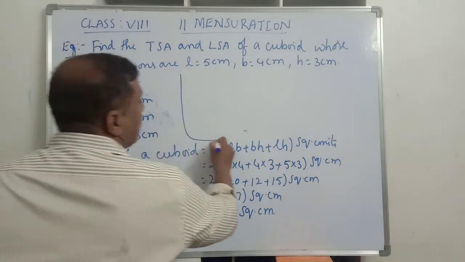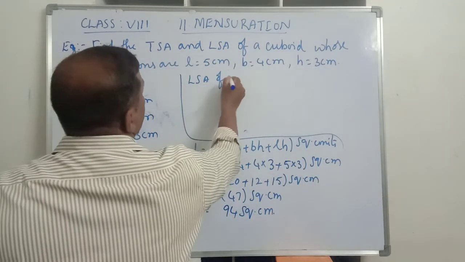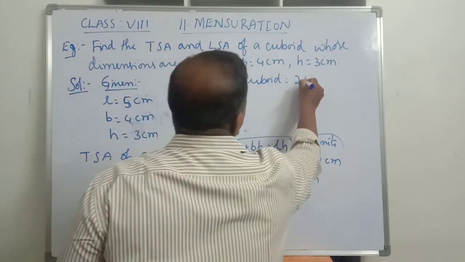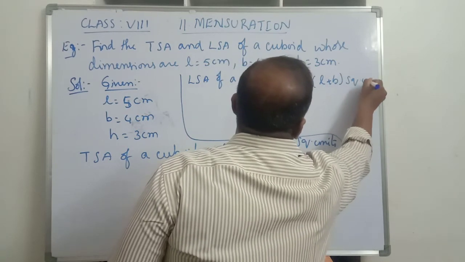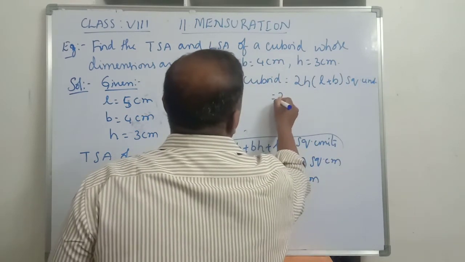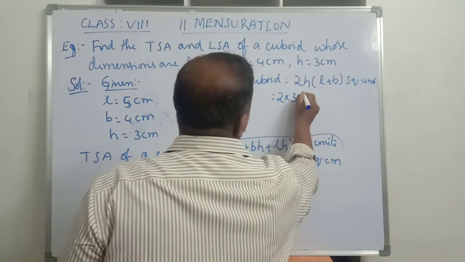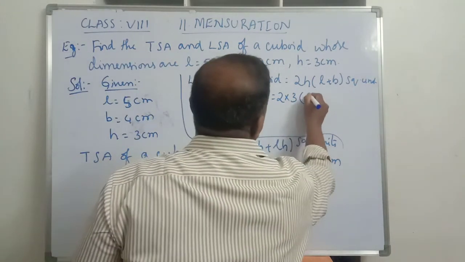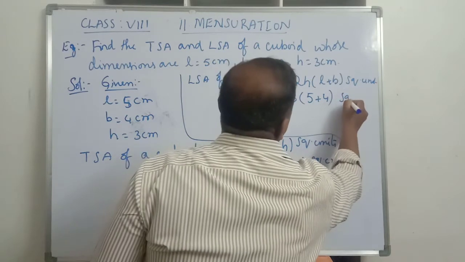Similarly, find the LSA of a cuboid. The formula for the LSA of a cuboid is 2H into L plus B square units. Now substitute those values. That is 2 into height, which is 3 centimeters, into length 5 plus breadth 4 square centimeters.